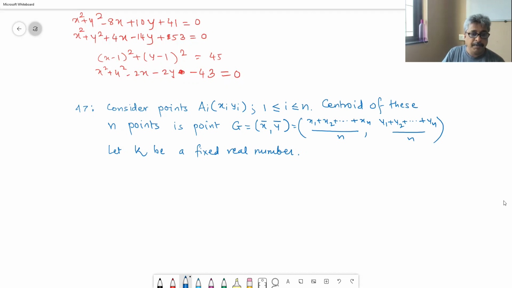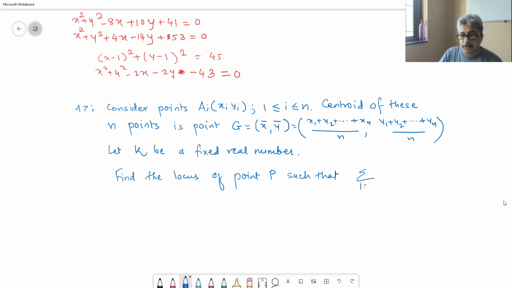Find the locus of point P such that sigma i goes from 1 to n PAi square is equal to k.